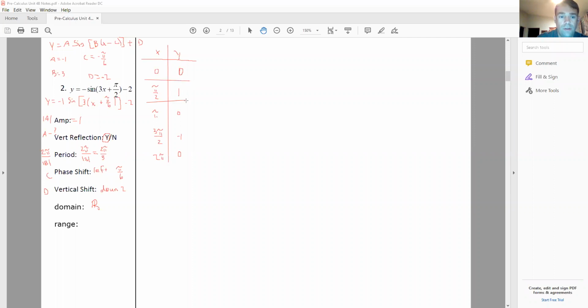So these are our starting values. And we can do our transformation again. So x divided by b plus c, and y times a plus d.